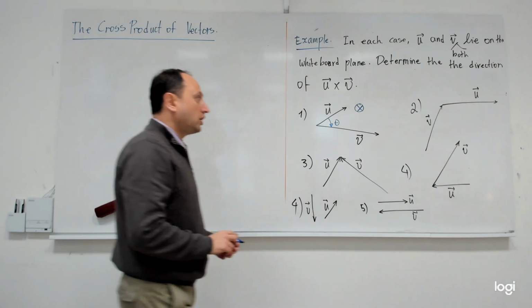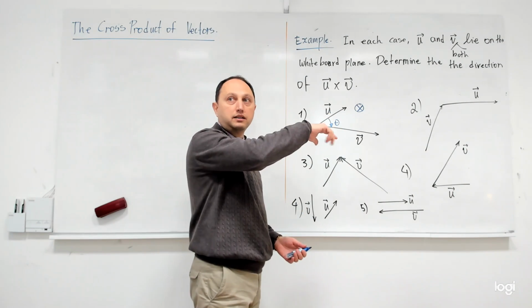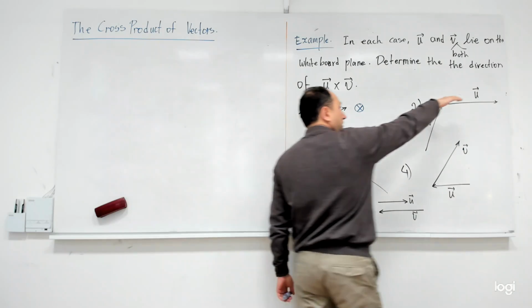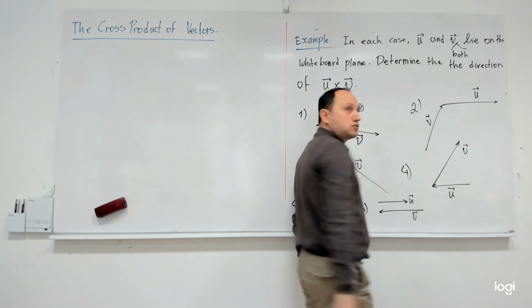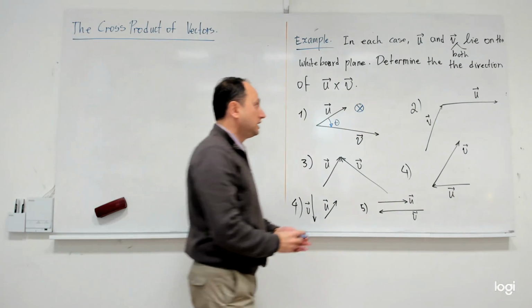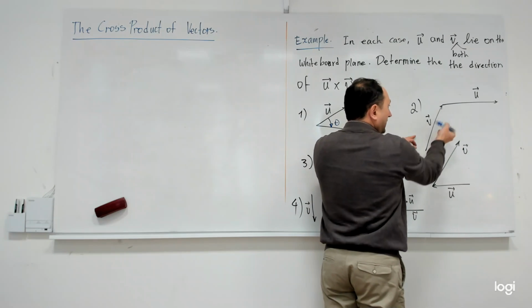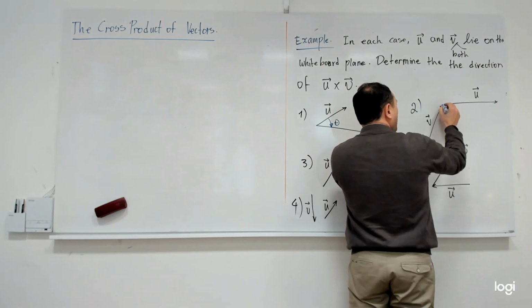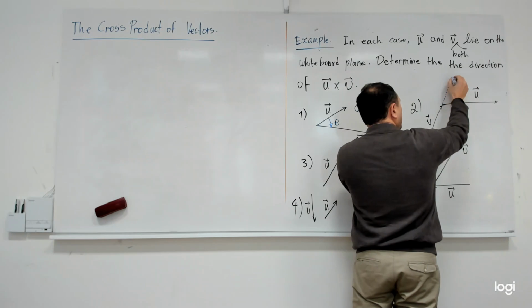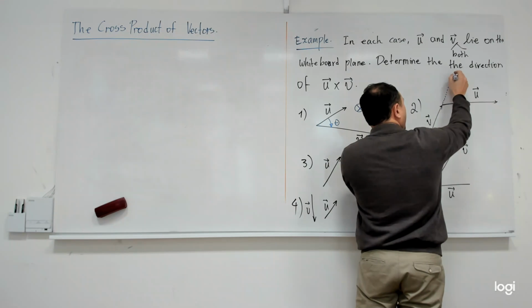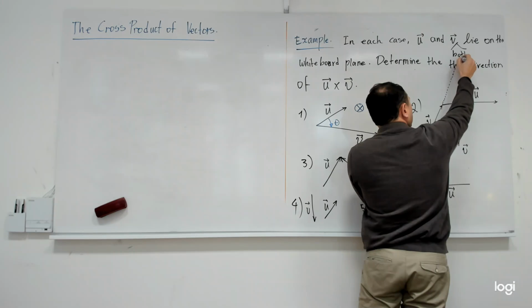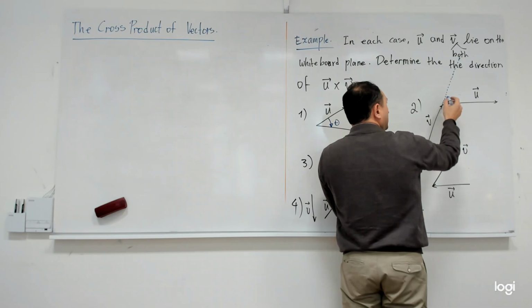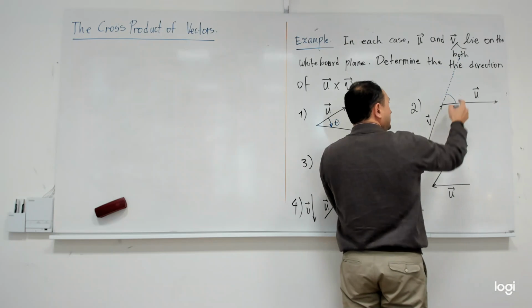If you start doing it right away, that is wrong. If you want to do it like this, it's wrong. Yes, because this is not the angle between U and V. Yes, the angle between U and V happens if I draw them from the same point. So if I parallel transport it in my head, okay, then the angle between these two vectors is this angle.